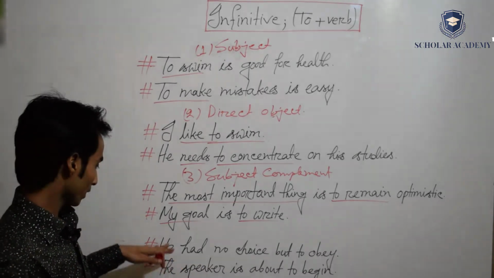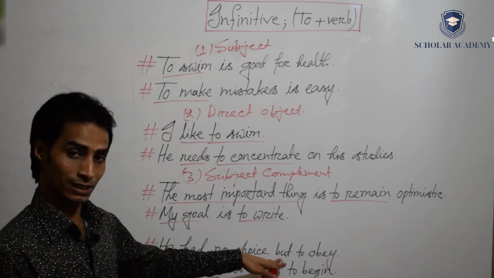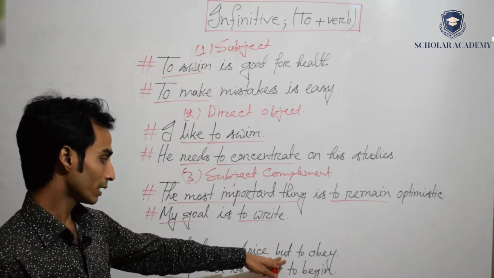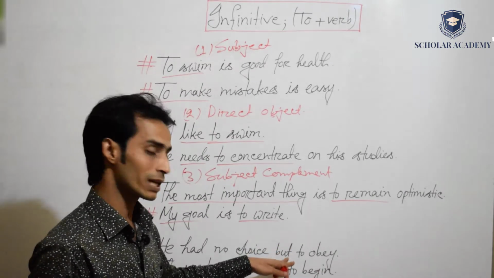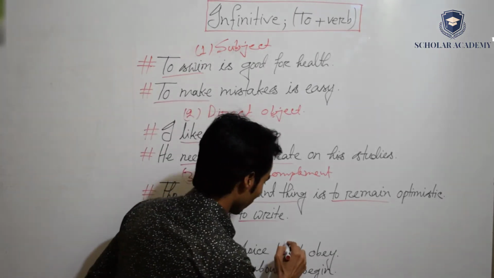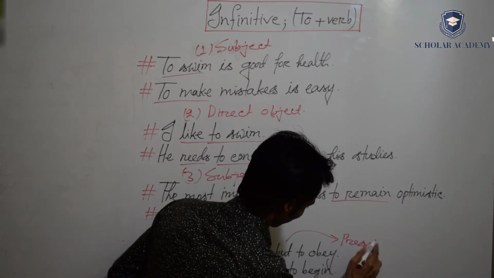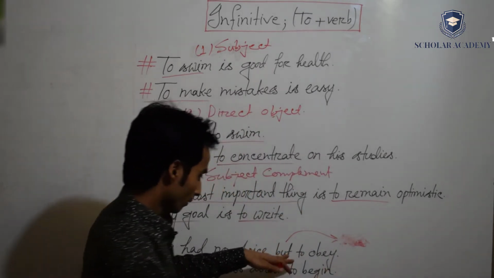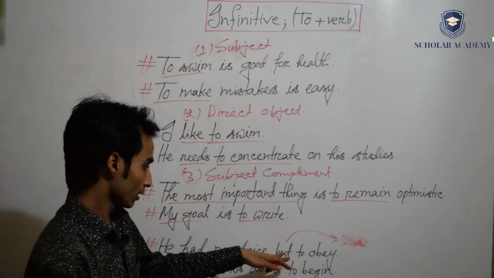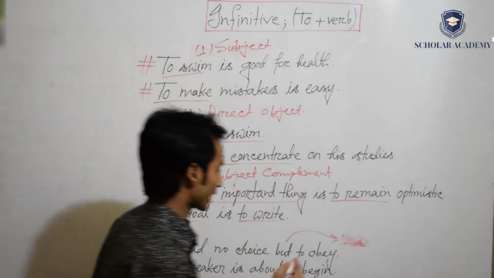Another way about infinitive: the first example is, he had no choice but to obey. Look at the sentence: but is used as a preposition, and the meaning of but in this sentence is except.